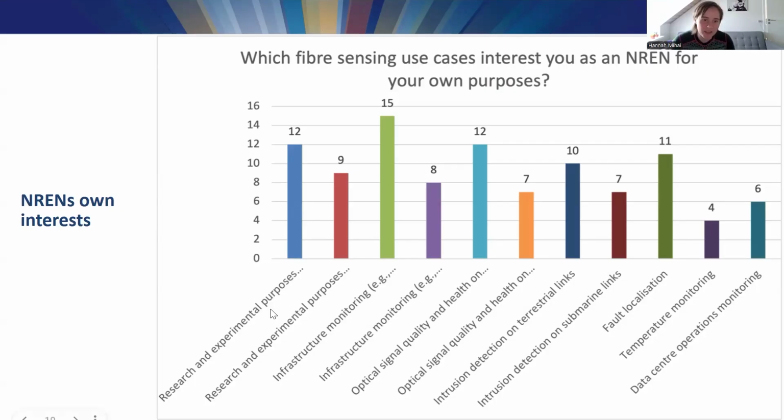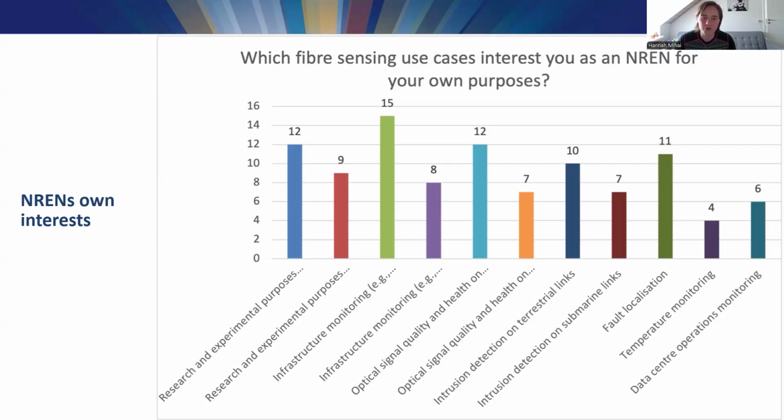So we can see that we have a bigger interest in terrestrial sensing in general. And the most interesting part for NRENs is infrastructure monitoring, which kind of makes sense because they're already using other techniques in order to monitor their infrastructure, because if it's broken, it's pretty bad. We want it to work as it should.